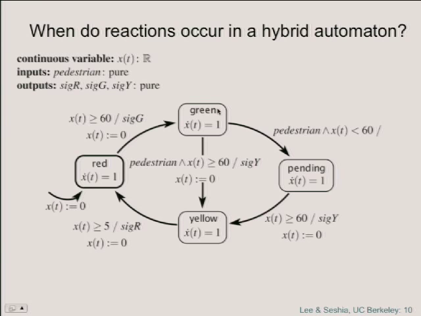Okay? If the pedestrian signal could be, let's plot it versus time, it's either present or absent. And here's time. Here's a real number. So normally we think of it as a discrete event.